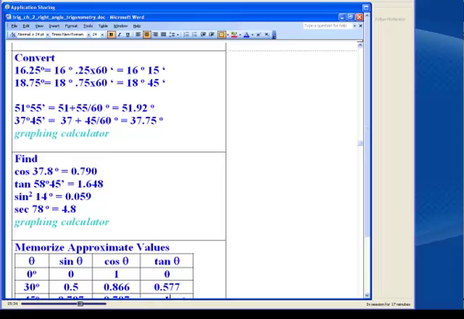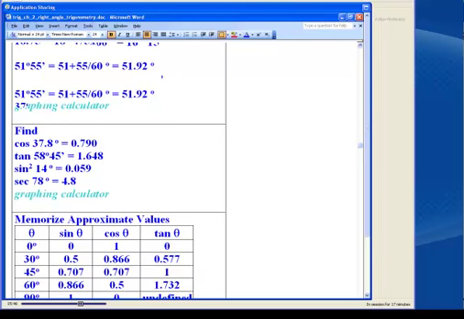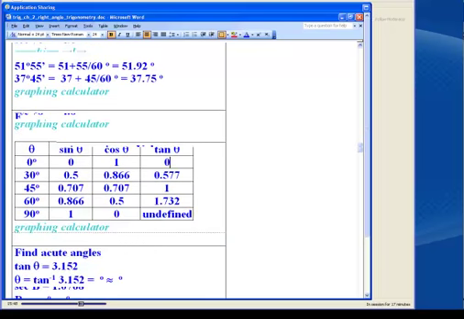I have to admit, I actually did cheat on these two values here, this one and this one. I have to remind myself that they are 0.577 and 1.732. Okay.